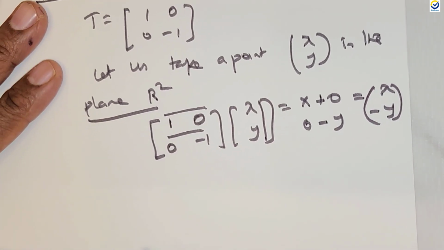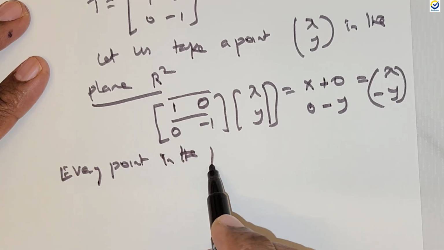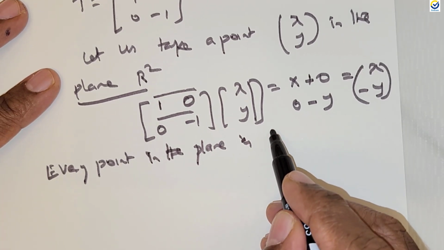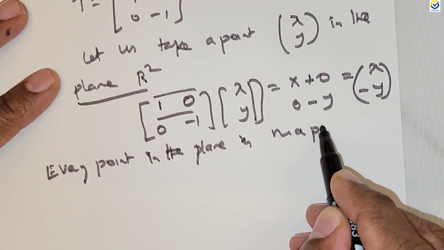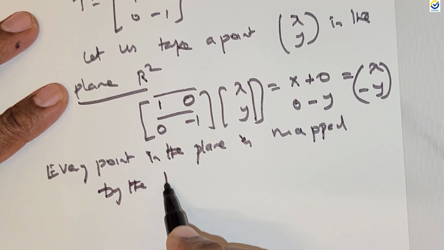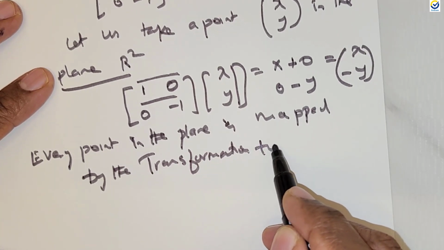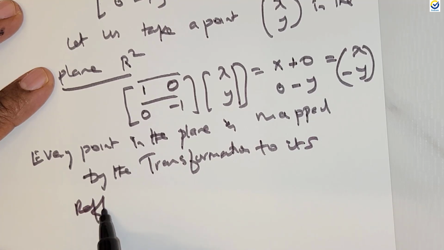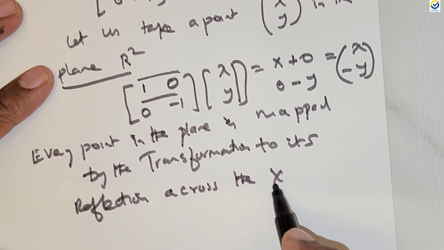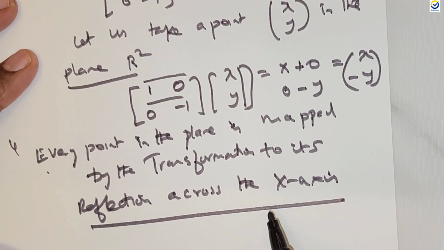So what happens here is that every point in the plane is mapped by the transformation to its reflection across the x-axis. This is the definition you should provide for this question.